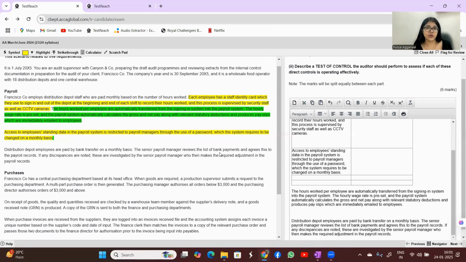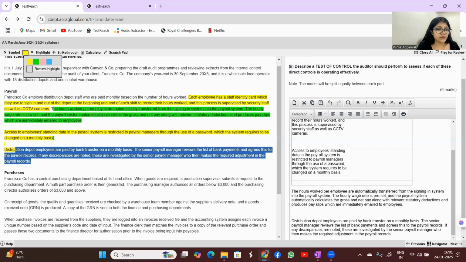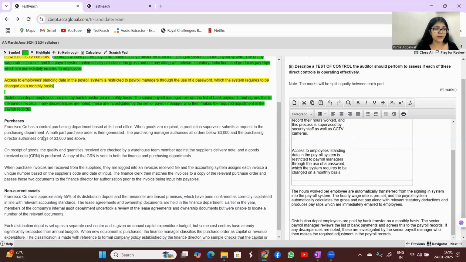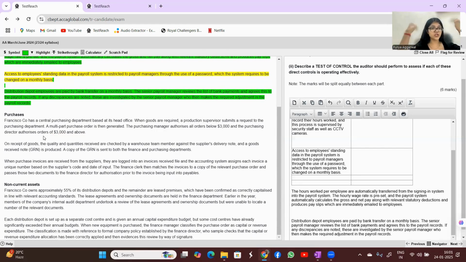And the recommendation would be that you need to advise the managers that there should be a separate person who is reviewing and making the adjustments to the work done by the senior payroll manager, right? Okay, so this is a deficiency. Okay, now let's move to the next part, which is purchases.